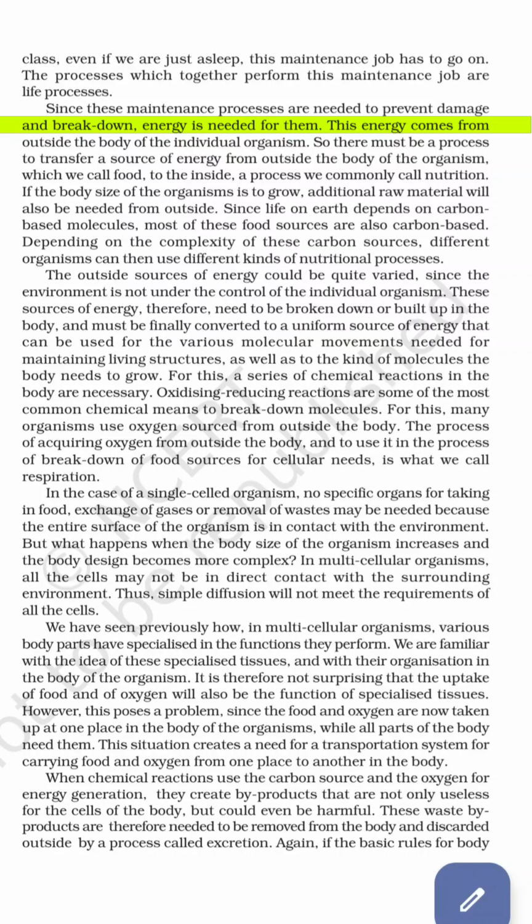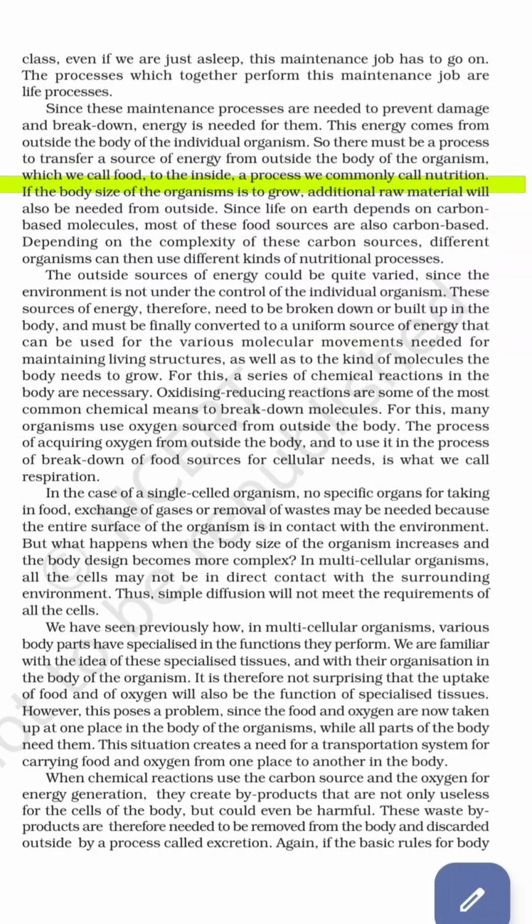This energy comes from outside the body of an individual organism. So, there must be a process to transfer a source of energy from outside the body of an organism, which we call food, to the inside. A process we commonly call nutrition.